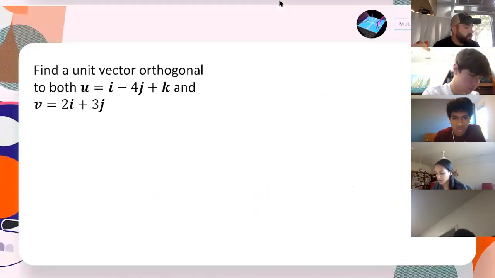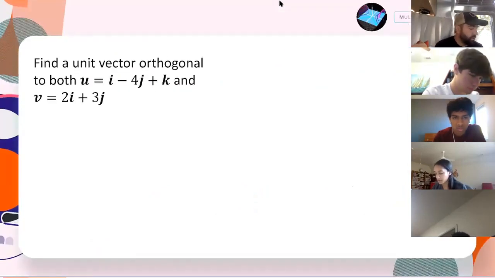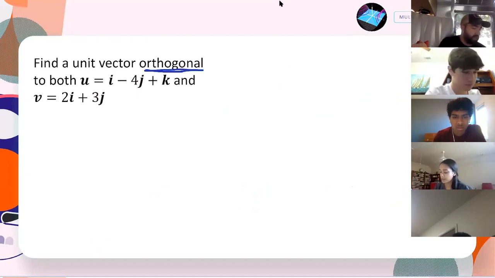Find a unit vector orthogonal to both u and v. Okay, so first thing is I'm going to find something that's orthogonal to both u and v. The way we do that is with a cross product.